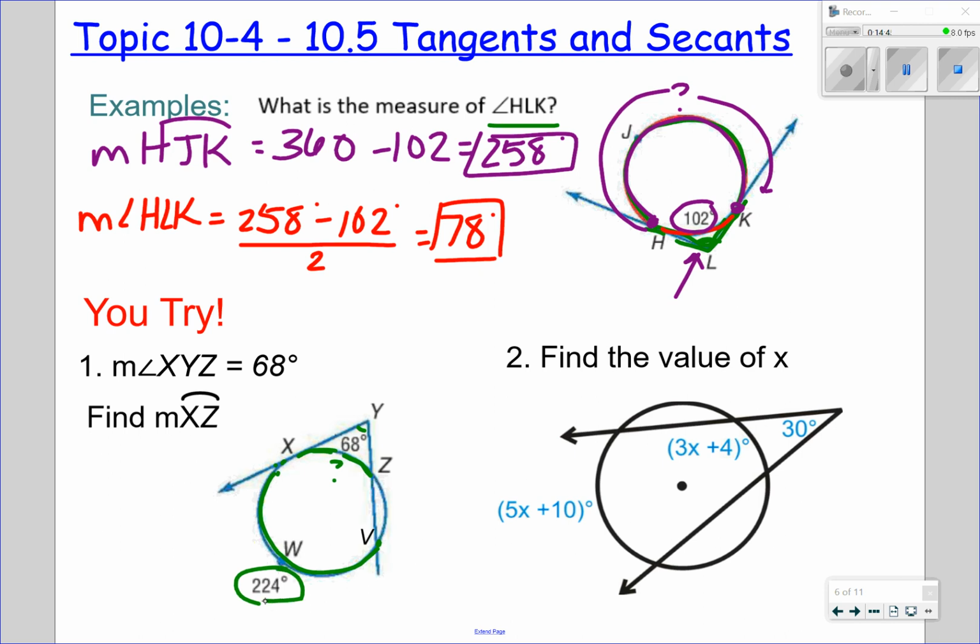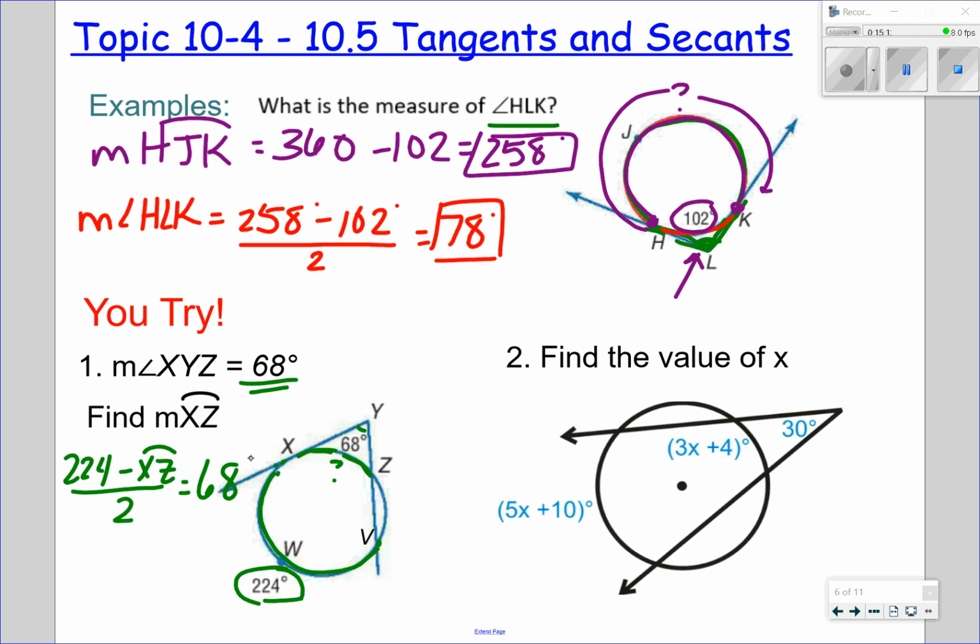So remember, we're going to do big arc minus small arc over 2 equals the angle. This time we're given the angle, so that's what we're going to set it equal to. So we would do 224 minus, we'll just use the arc, all over 2 equals 68, because this time we're given the angle.